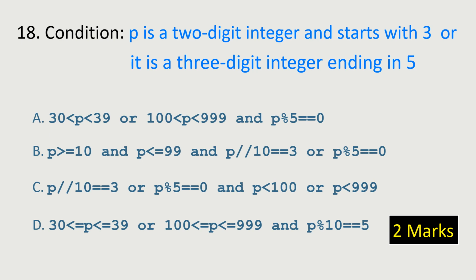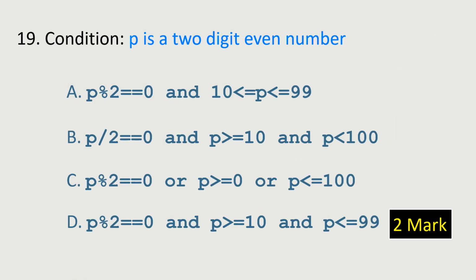See the condition, find the expression, and the correct option is D. 19th question, and the correct answer is option A and option D. Both are correct expressions representing the given condition.